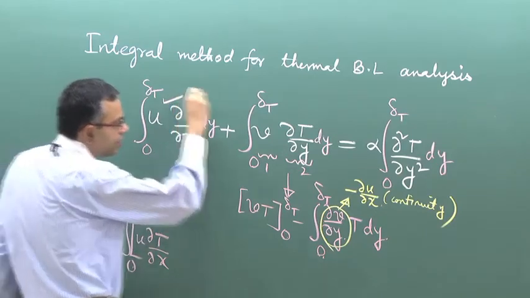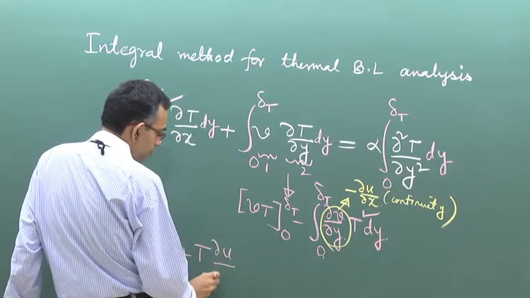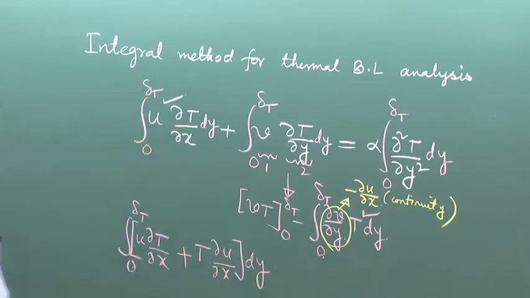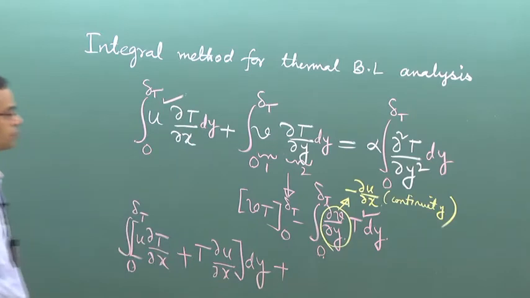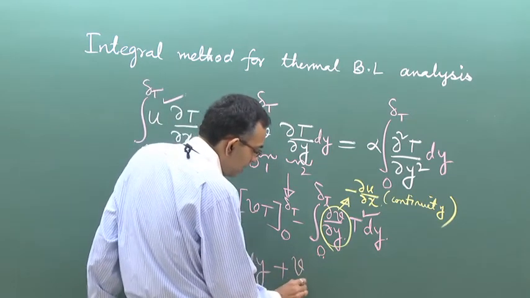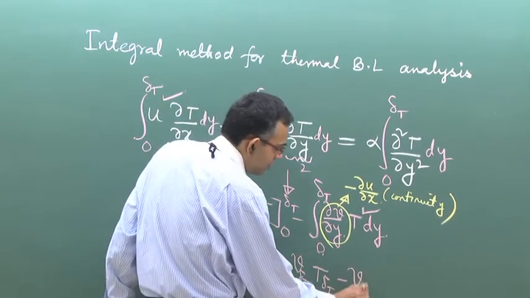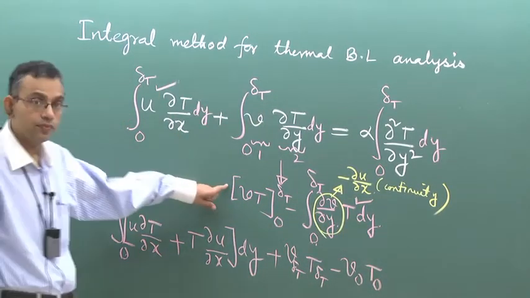We can club this term and this term together, plus T del u del x, plus v at delta t into T at delta t minus v at 0 into T at 0, that is this term.